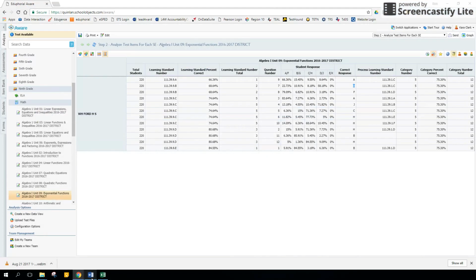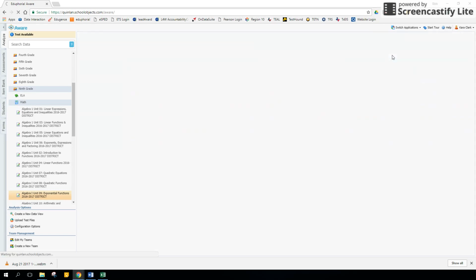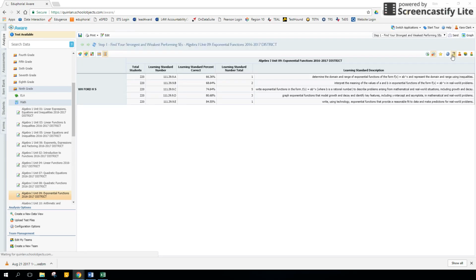And I need to find my SE. This is for 9B. Now, if you don't know your SEs off the top of your head, then you can go back to your step 1, finding your strongest and weak SEs, and you can record them. So this is interpret the meaning of values.